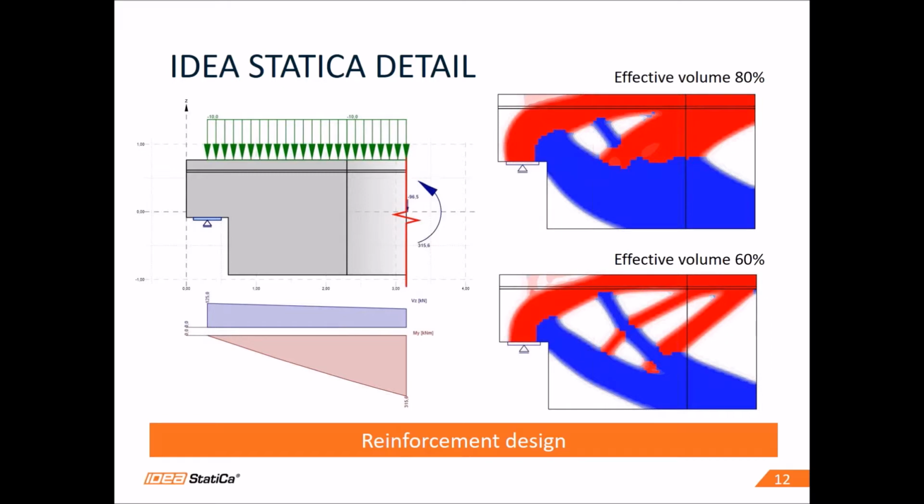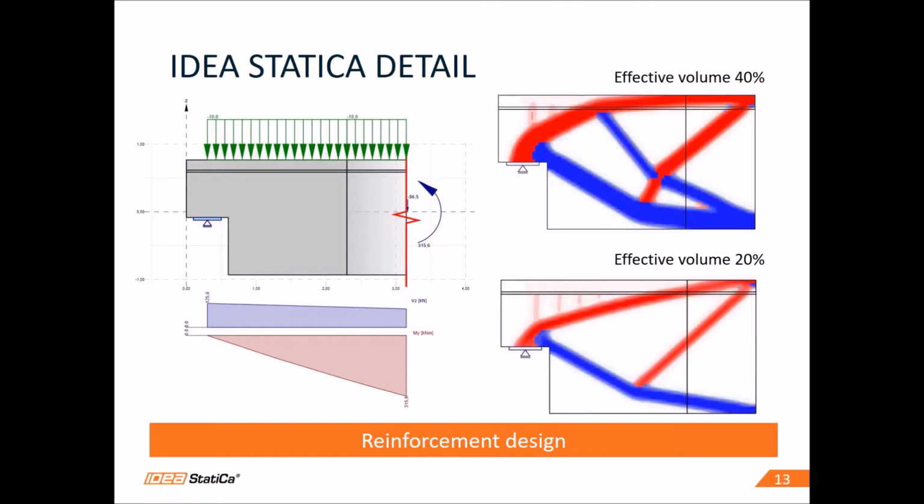To do that, we developed a few tools which we'll present, and one of them is the so-called topology optimization. You can see the results on the right part for the effective volumes. This means that for each effective volume of the structure, we can show you the most effective position and direction of reinforcement.